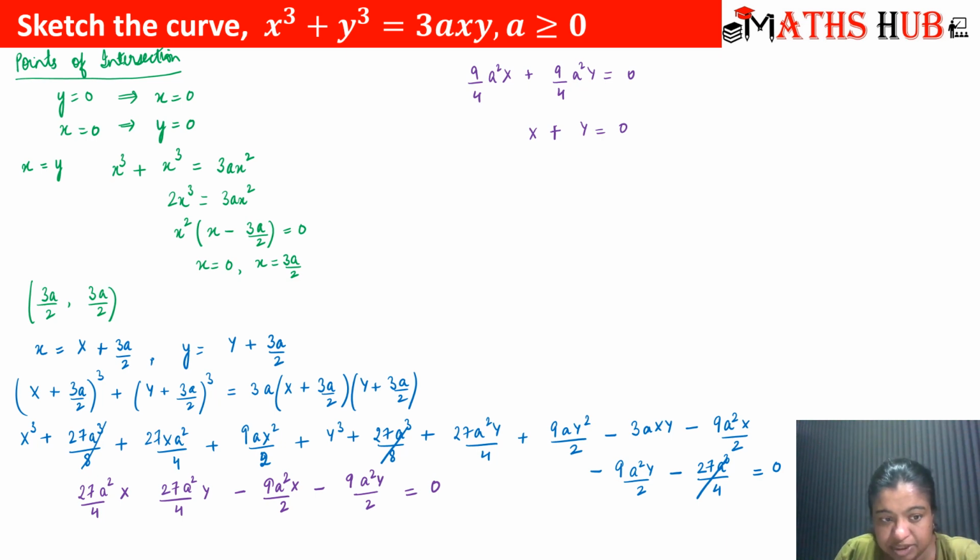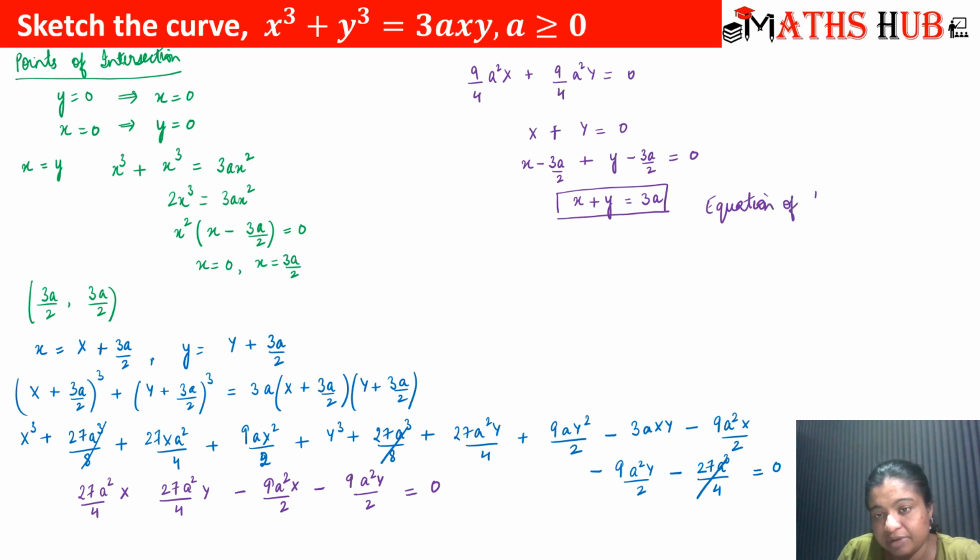Let us substitute capital X as x minus 3a by 2 and capital Y as y minus 3a by 2, so that X plus Y is equal to 0. So we will basically get x plus y is equal to 3a. So this is the equation of the tangent, right?